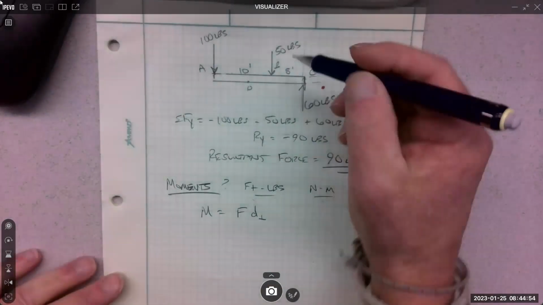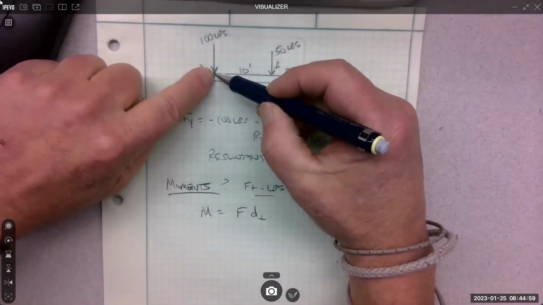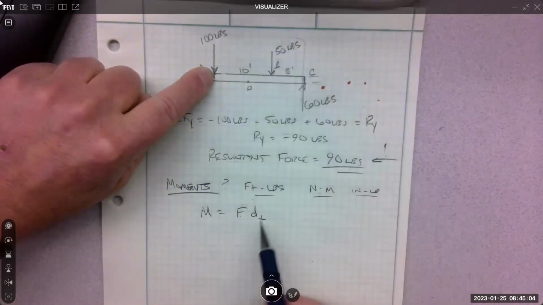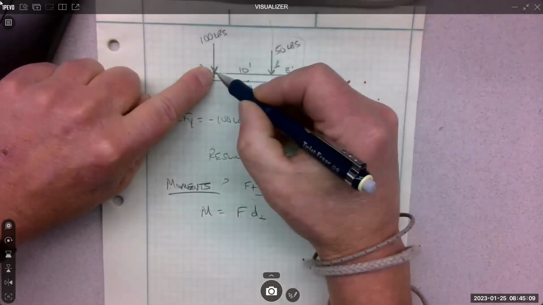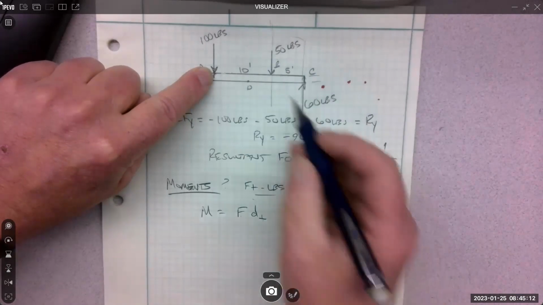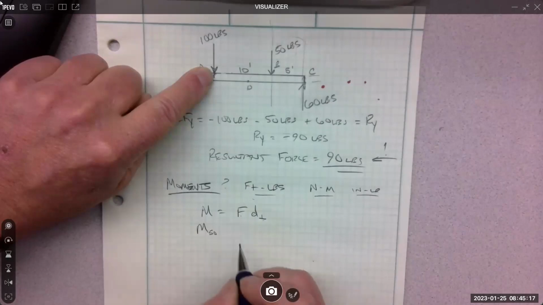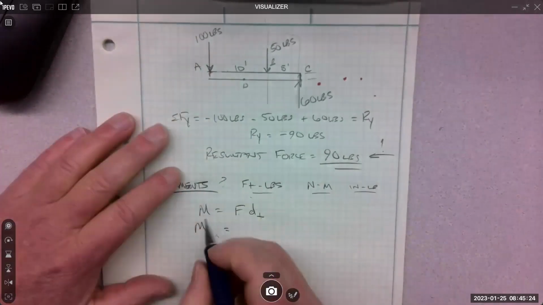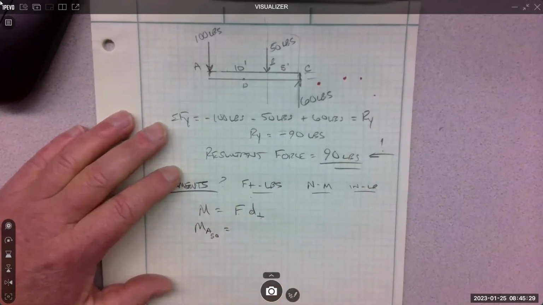So if I wanted to know how much the 50 rotates about point A, all I do is take the force. What's the force? 50. What's the distance perpendicular from this line of action to this point? 10 feet. Pretty simple. So I'd write that the moment about point A of the 50, because I need the point.